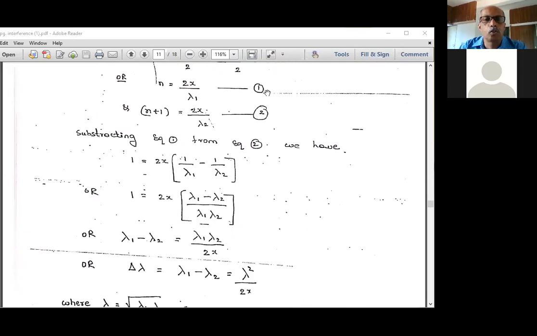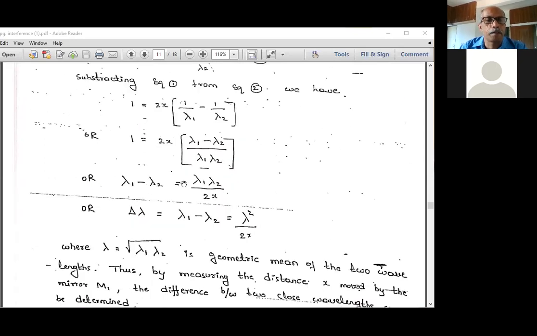Now, equation 2 minus 1 implies, on the LHS, n plus 1 minus n will be equal to 1. On the RHS, 2x is common in both the numerators, therefore 2x into 1 by lambda 2 minus 1 by lambda 1. The reverse, it should be 1 by lambda 2 minus 1 by lambda 1, right?